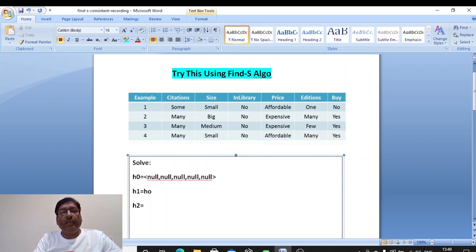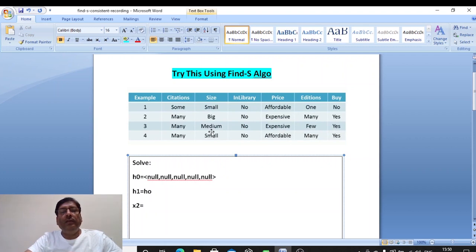Then coming to the second, when you want to find your second hypothesis, H2, you are supposed to compare this with X2. You compare the values of X2 with the values of your H1 or H0, one and the same. The values in X2 are many, big, no, expensive, and many, whereas the values in H1 or H0 are null.